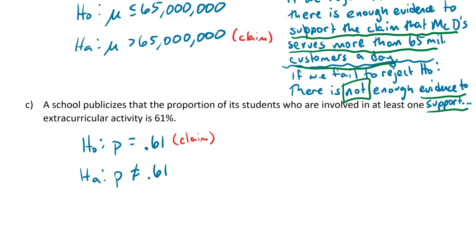Last one. A school publicizes that the proportion of its students who are involved in at least one extracurricular activity is 61%.